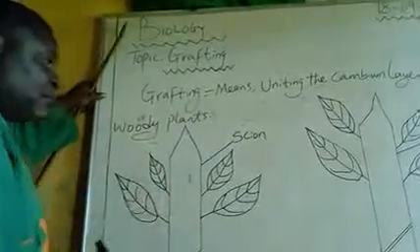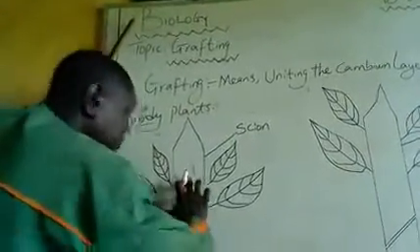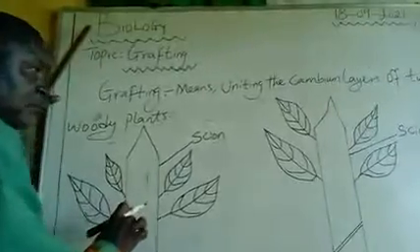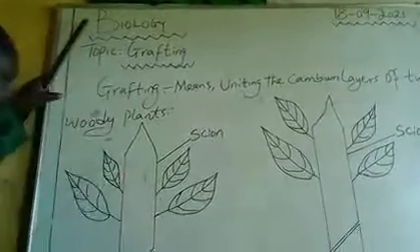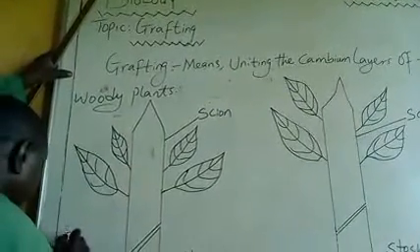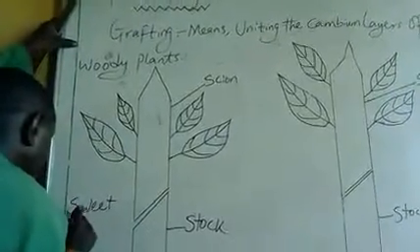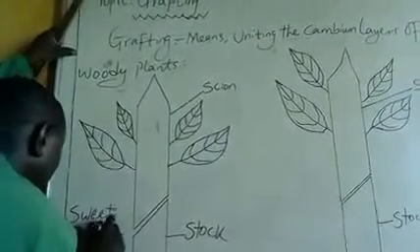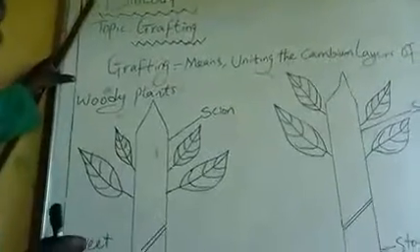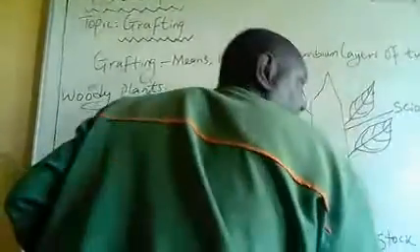For instance, this is a sweet orange. And this is a sour orange, for instance.